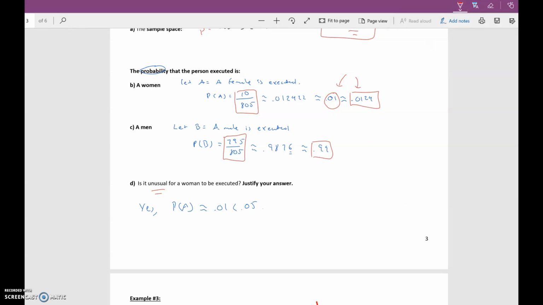Since you already declared A, this sentence reads: yes, the probability of a female being executed is 0.01, which happens to be less than 5% or 0.05. So that's one of the advantages of already declaring what the variable is. You don't have to rewrite an entire sentence.